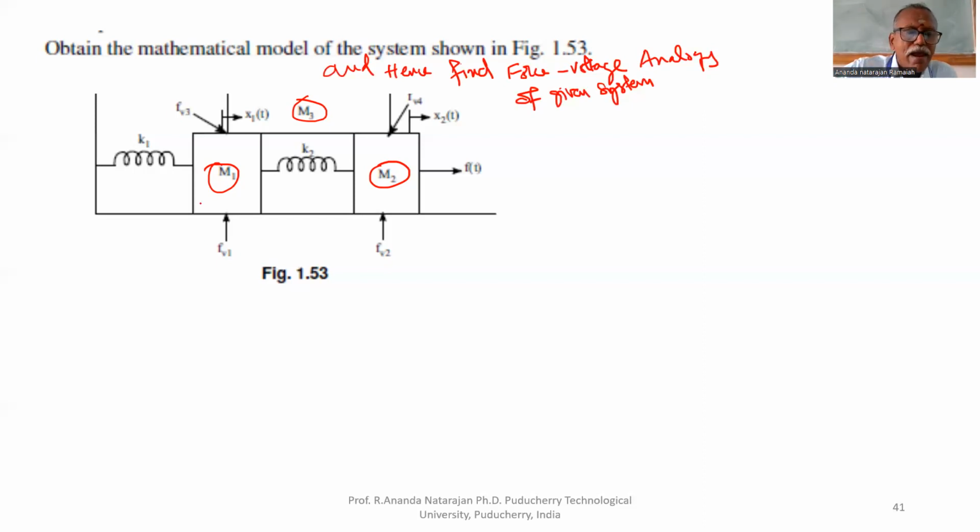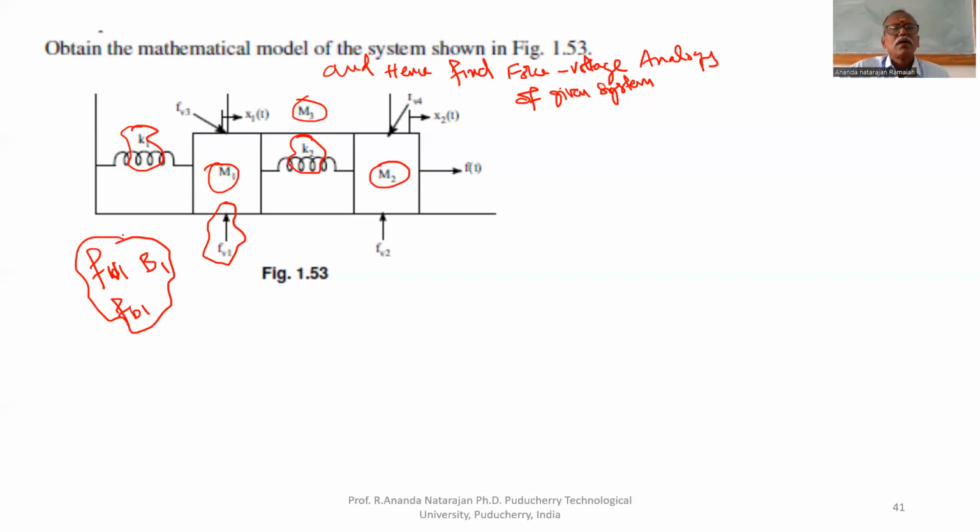Here, what are the forces acting on M1? Because of K1, because of K2, and Fv1, or simply B1. These are all dashpot coefficients, frictional coefficients.